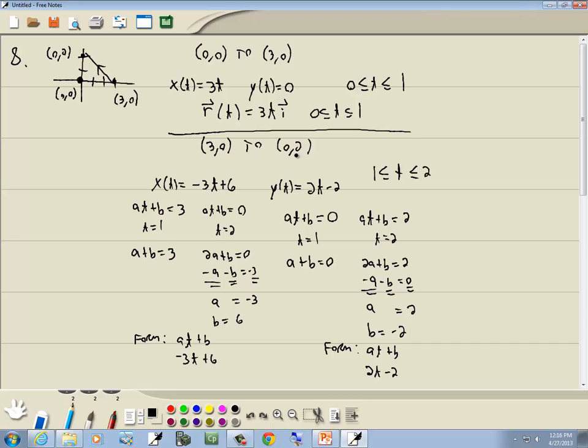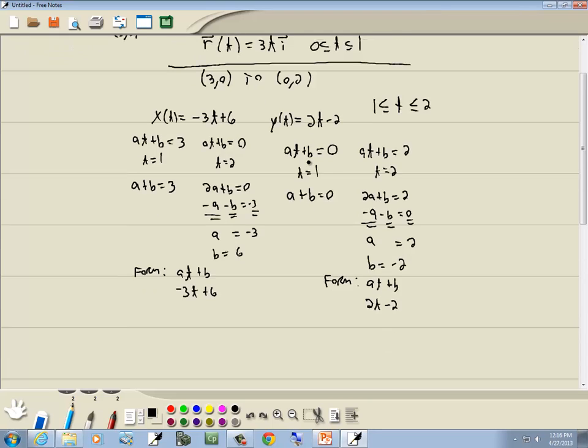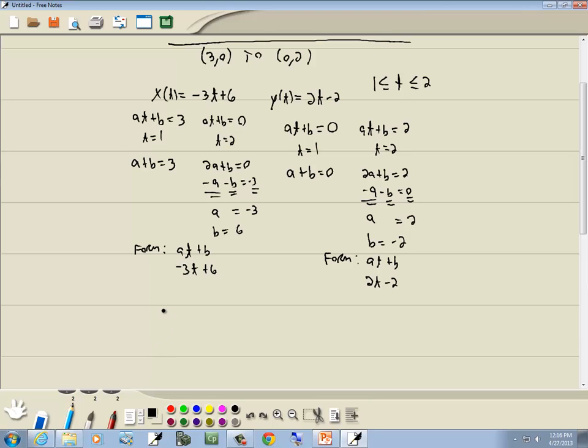I'm probably not going to have room on this piece of paper, so let me jot these down. Okay, so I got r of t is equal to 3t i, that's our first one, from 0 to 1. Okay. Now this one. Our r is going to equal our negative 3t plus 6 i plus our y, which is 2t minus 2 j from 1 to 2.